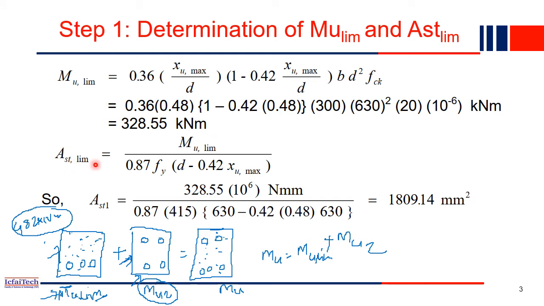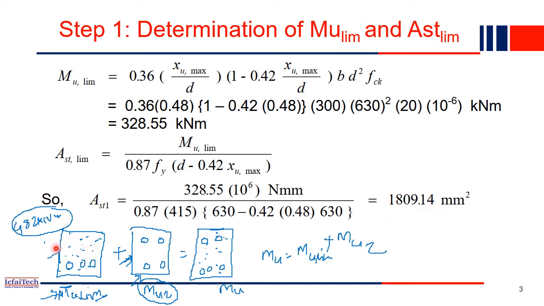Now what is Ast,lim? Ast,lim means how much reinforcement we provided in the singly reinforced section. That we also compute. We know this formula: Mu,lim equals 0.87 fy, which is the steel force, multiplied by the lever arm, d minus 0.42 xu. We have used this formula earlier for computing Ast,lim. If we substitute Mu,lim, Ast1, the reinforcement in the singly reinforced section, comes out to 1809.14 mm squared.